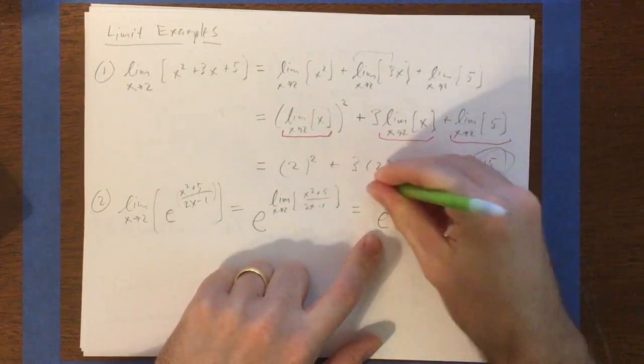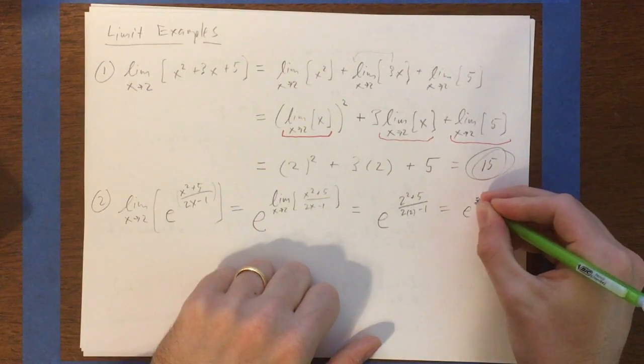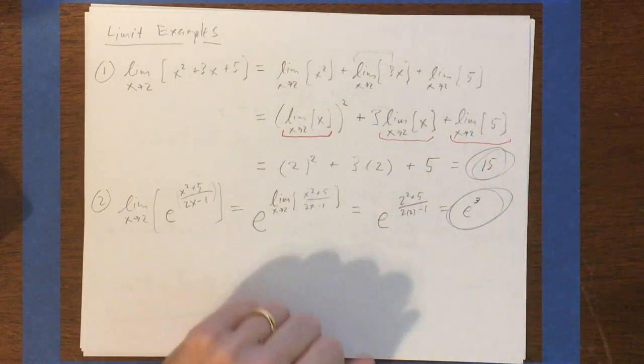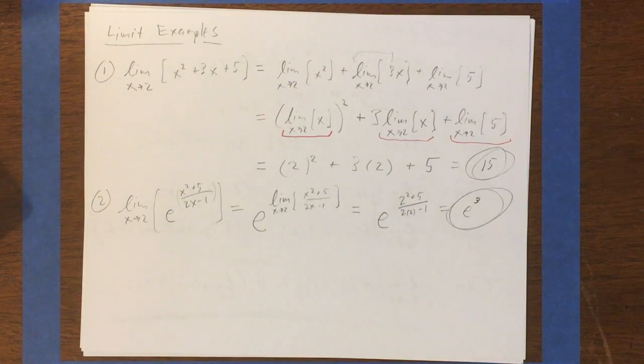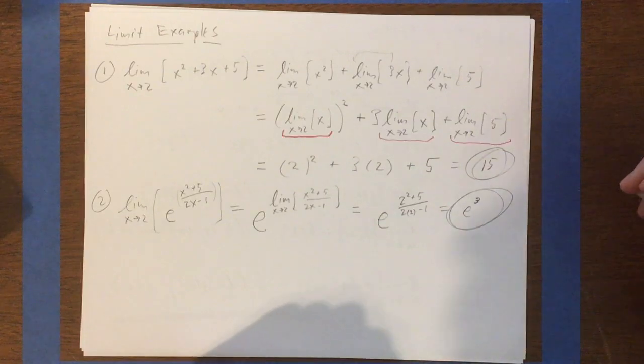So this is going to be e cubed, which I just write as e cubed. I wouldn't try to get a decimal version of that, because then we'd have to truncate or round it somewhere, and that would not be exact. So I prefer exact solutions. Yeah, so there we go.